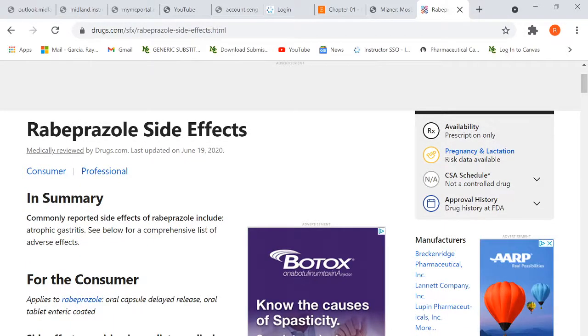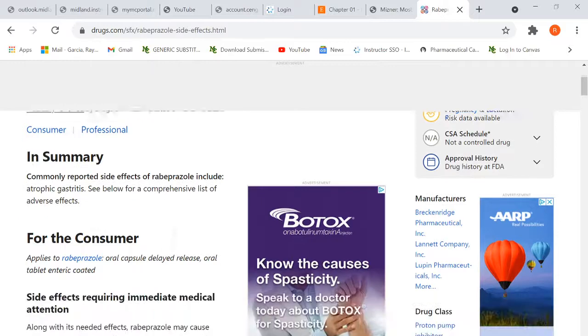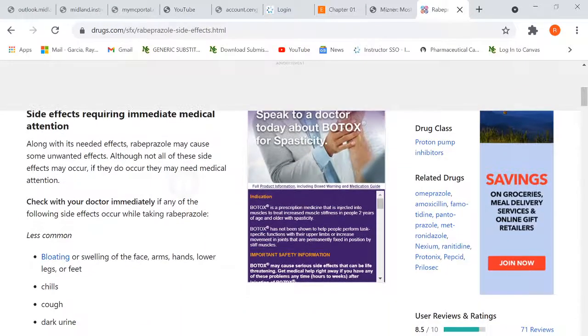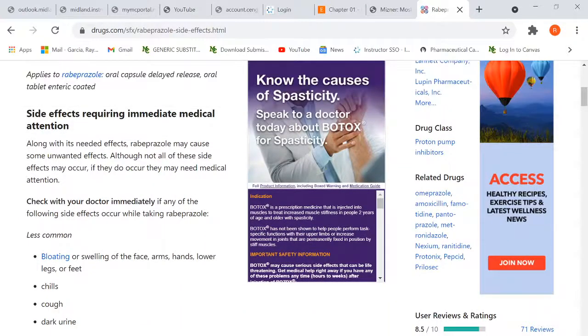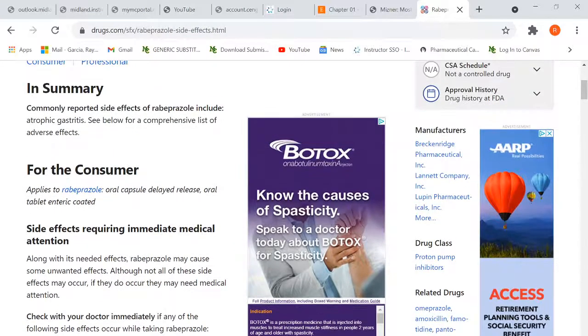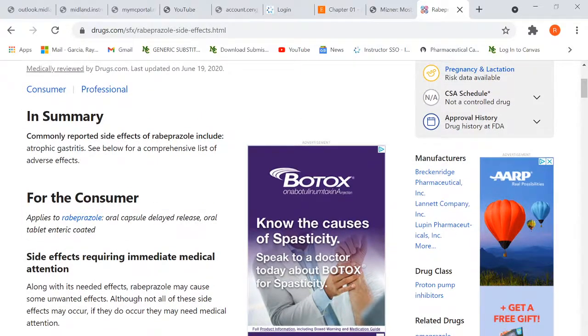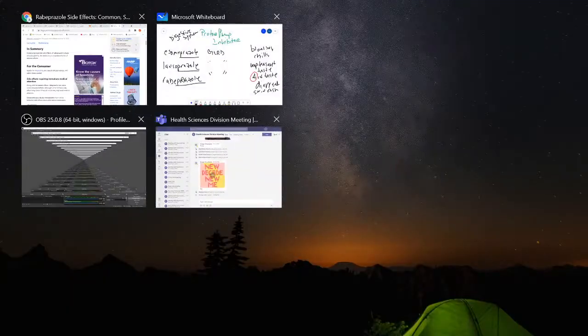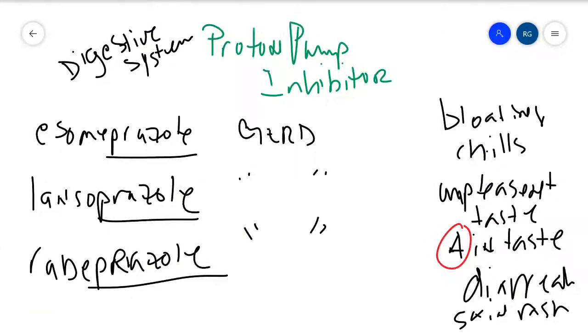Atrophic gastritis. Again, you got your chills, cough, bloating. Most commonly reported side effect is atrophic gastritis. So we'll put atrophic gastritis.